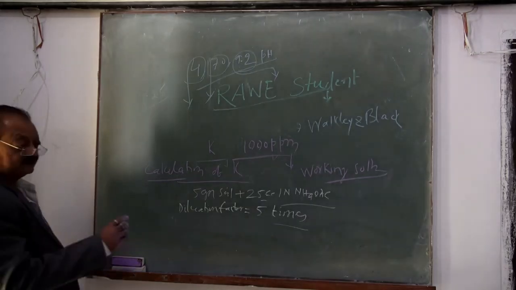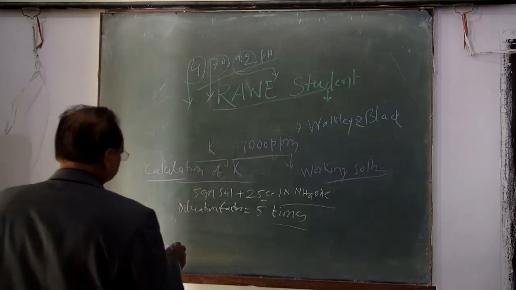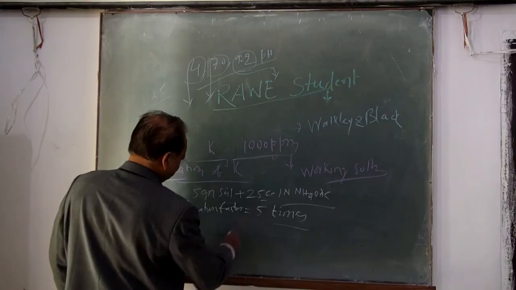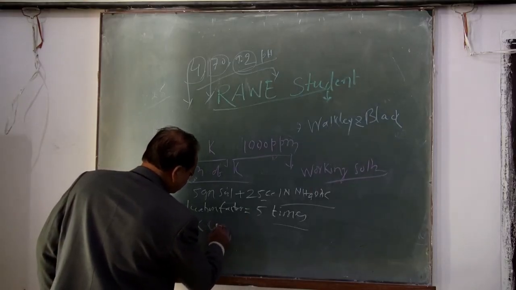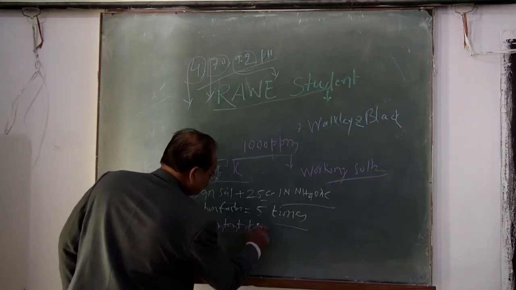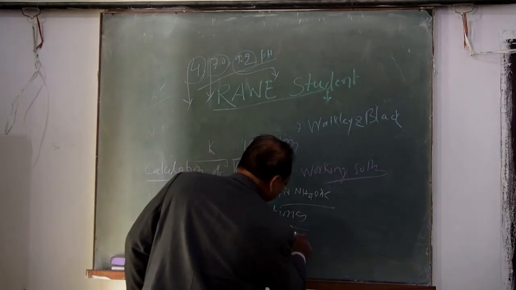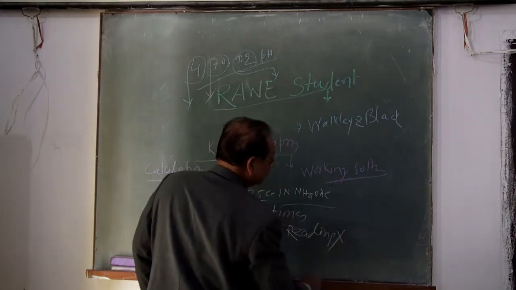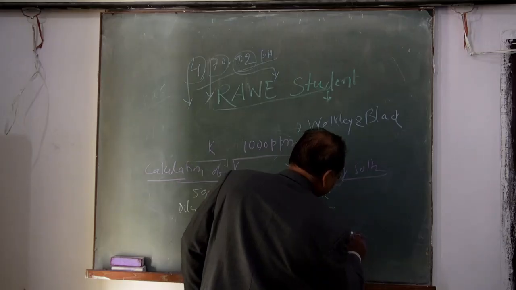Whatever reading comes in your flame photometer will be multiplied by this dilution factor. So the K content of your soil is equal to the reading multiplied by the dilution factor, that is 5.